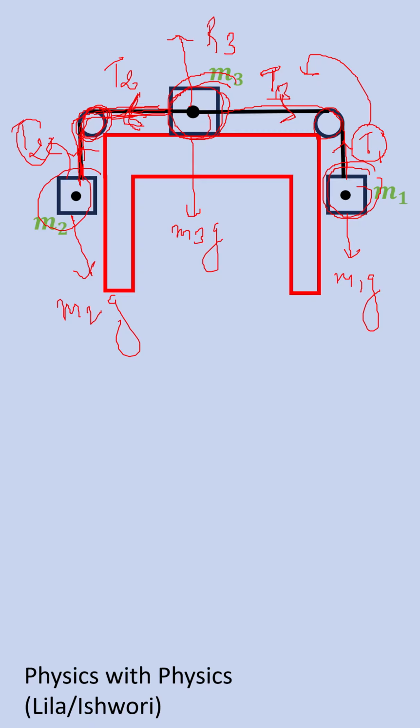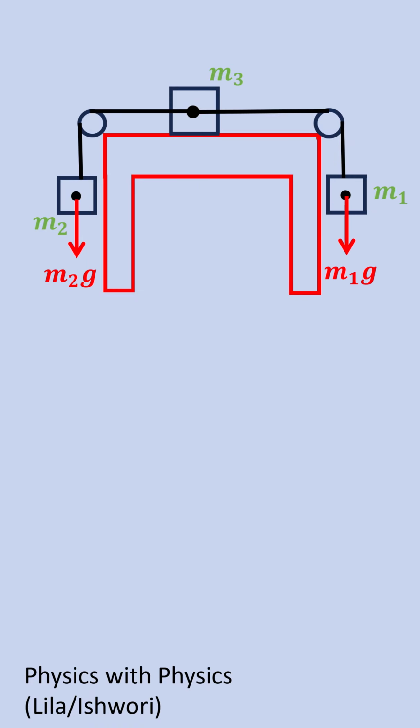Okay, let's see them once again. M2G and M1G are acting vertically downward. Tension T2 and tension T1 are shown.